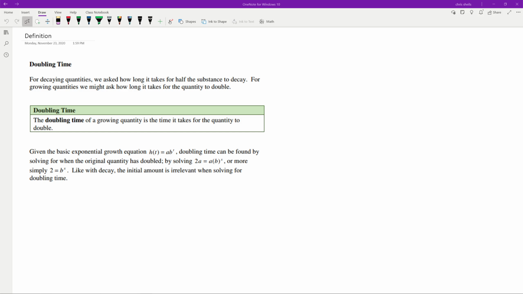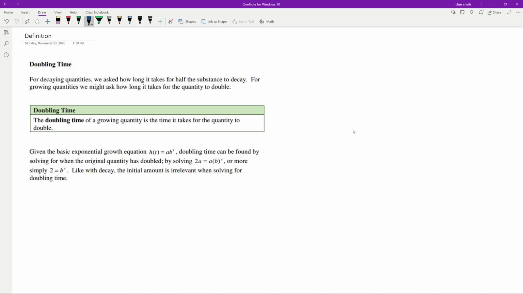All right, continuing on. The next portion of section 4.6 is on a very related concept to Half-Life, which is instead doubling time. Doubling time is the time that it takes for a quantity to double.